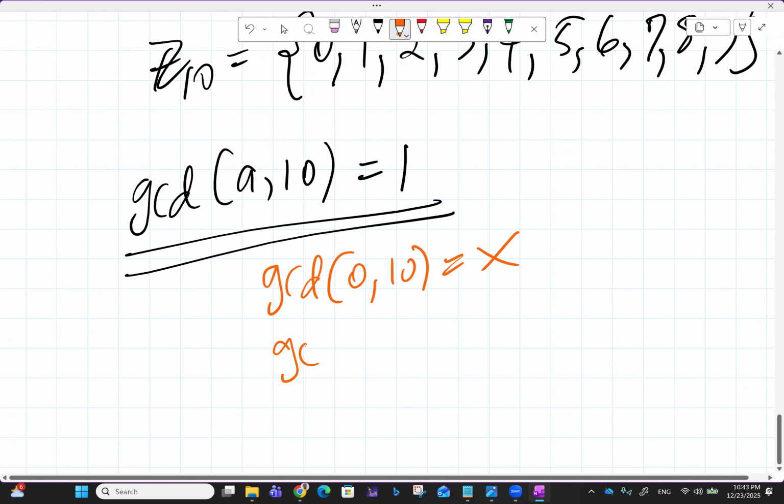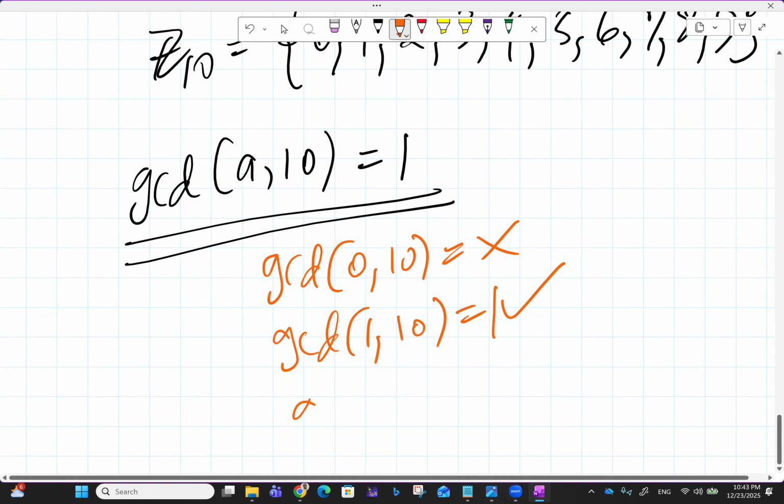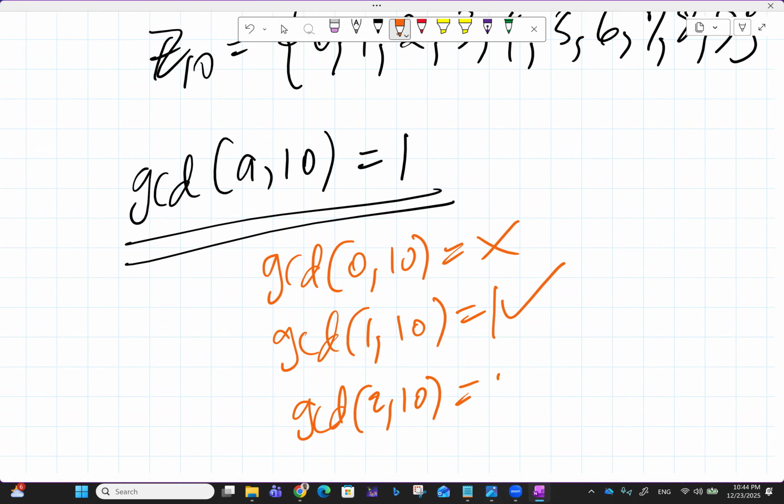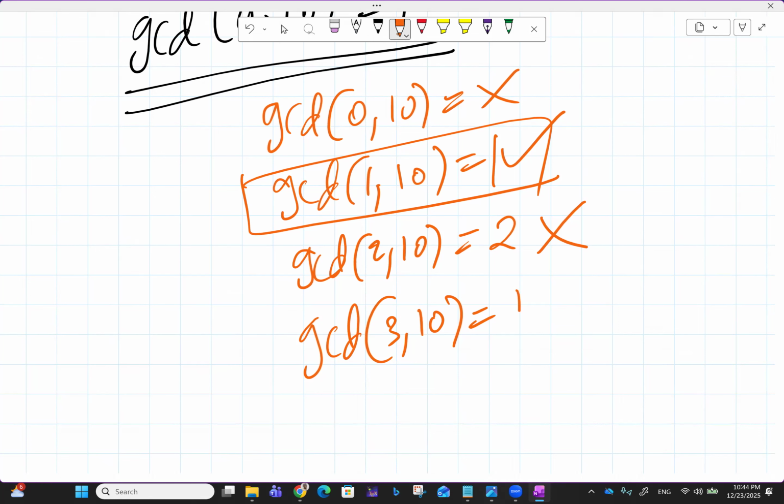But gcd of 1 and 10 makes sense because the gcd is 1. gcd of 2 and 10 is 2, but that doesn't work. Then gcd of 3 and 10, the greatest number that divides 3 and 10, is 1. That works. We need this.